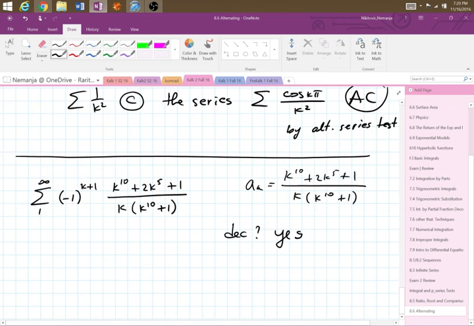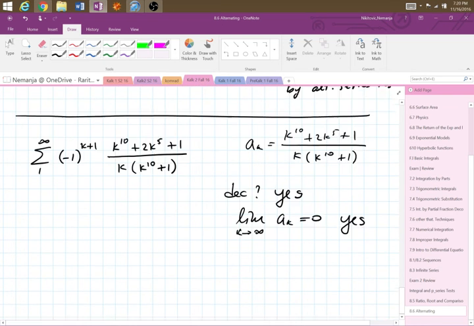Clearly yes, because denominator is larger, and as denominator grows, the overall number gets smaller every time, right? So clearly decreasing. And is the limit equal to 0? Clearly yes, again, because denominator is to the 11th power and the numerator is to the 10th. So denominator grows faster. It's going to drag it to 0. So we got the convergence part already.